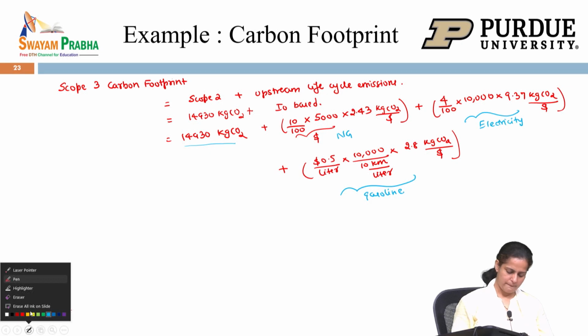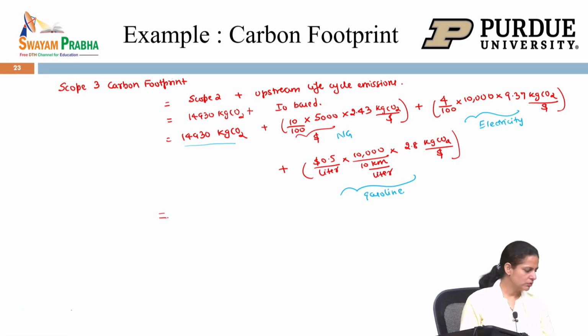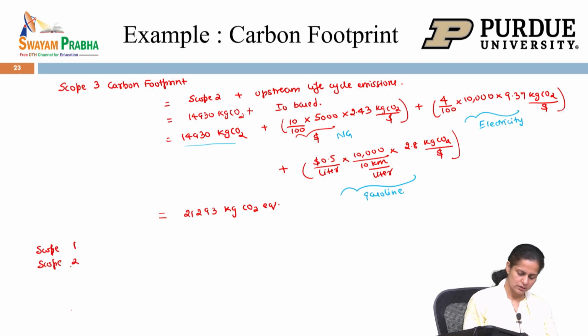So, if you calculate all these values, this will come out to be 21,293 kg CO2 equivalent. So, remember, so let us write down our scope 1, scope 2 and scope 3 carbon footprint.